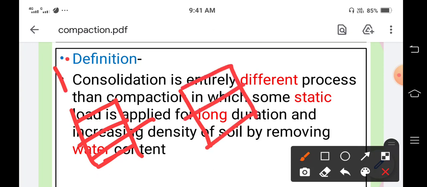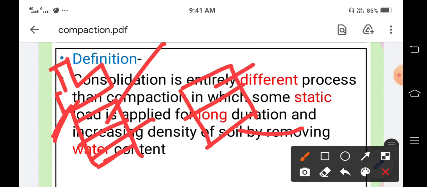In compaction we apply a dynamic load, meaning a number of blows for a short duration, and we expel the air. In consolidation, the 2-phase system consists of water and solid.